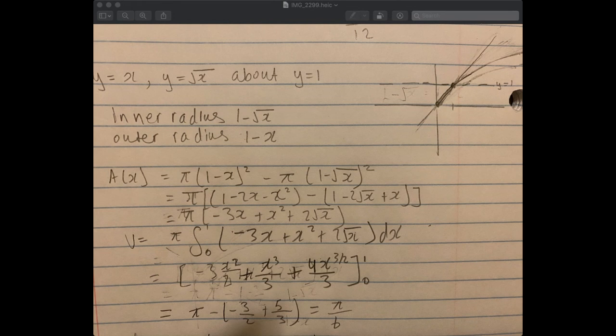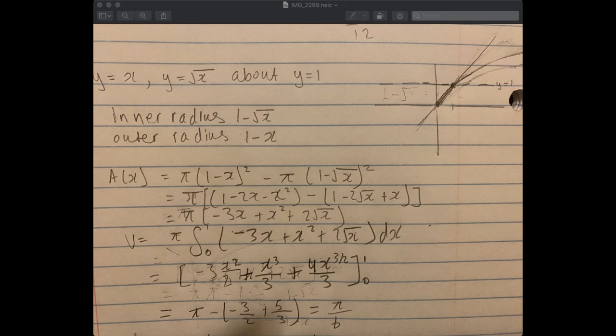Yes, they do intersect at 0 and at 1. But can you tell us why? Why do they intersect? How do you know?